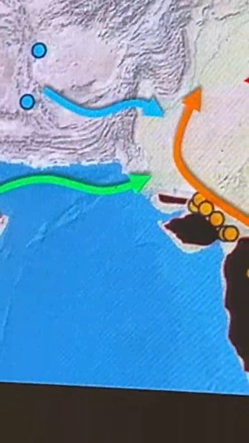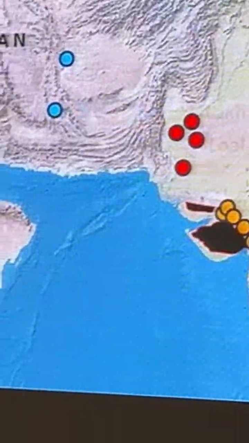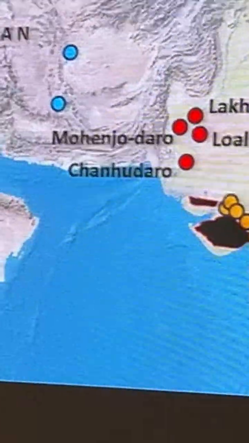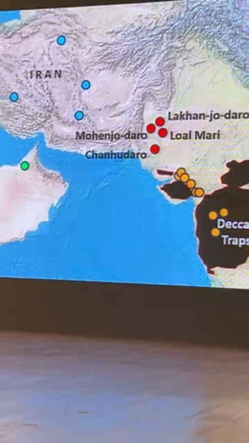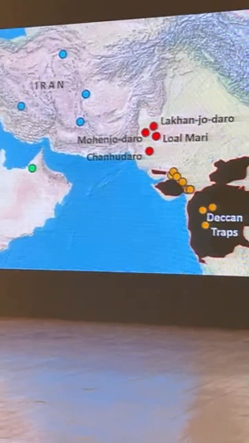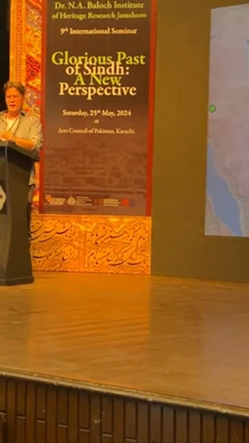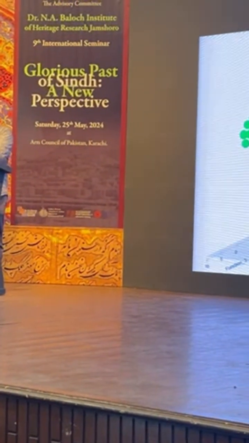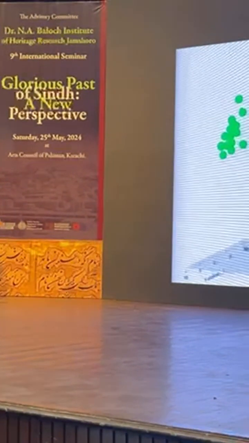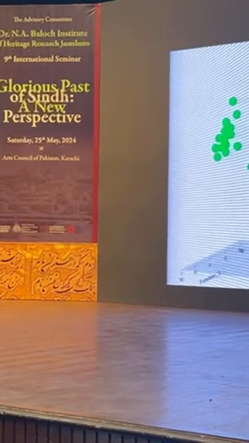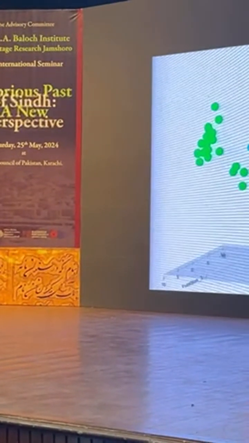Any one of these are possible. So, in Sindh, we have sampled and analyzed agate from 4 sites. And this is the result of our laser ablation mass spectrometry analysis.